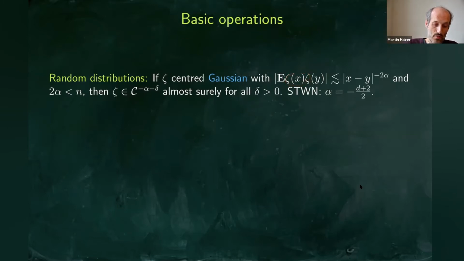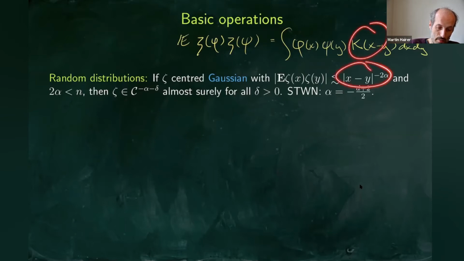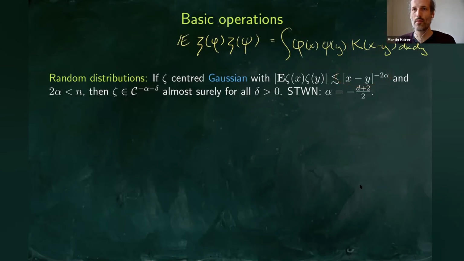But what you should really mean by this is that if you take zeta of phi, now this is perfectly well defined, and zeta of psi, then this should be equal to the integral of phi of x, psi of y, and some kernel of x minus y, dx dy, and that kernel k should be bounded by x minus y to the minus 2 alpha. Okay, so that's what I mean when I write this.